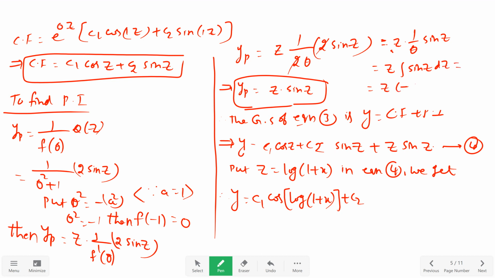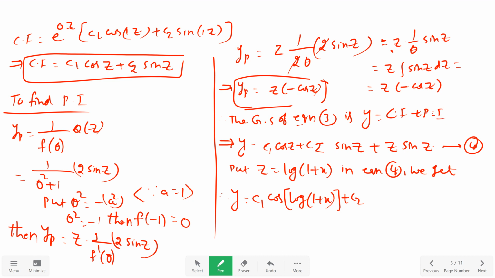So z into minus cos z. Therefore the particular integral value is z into minus cos z.